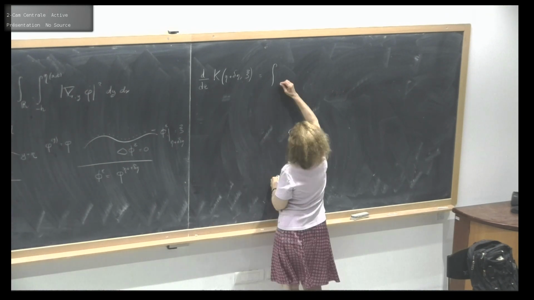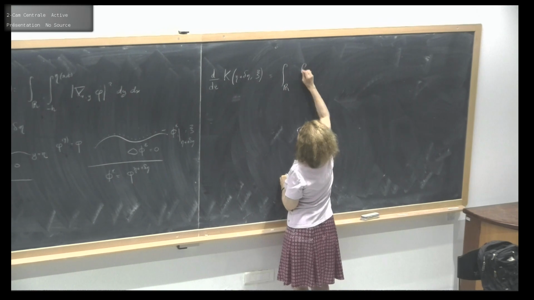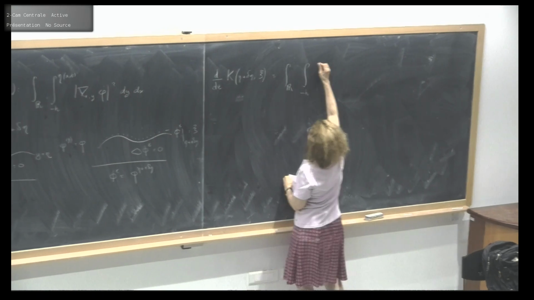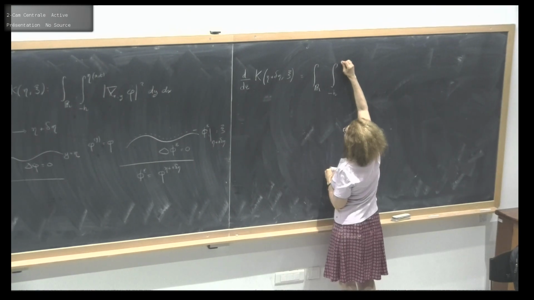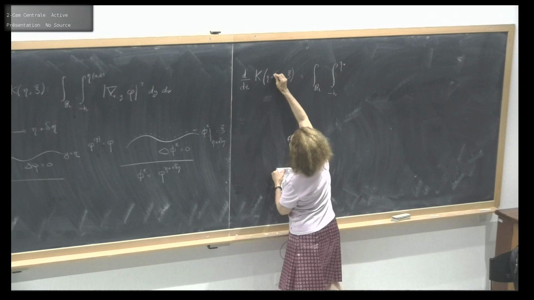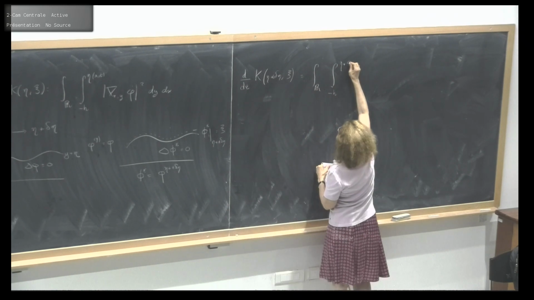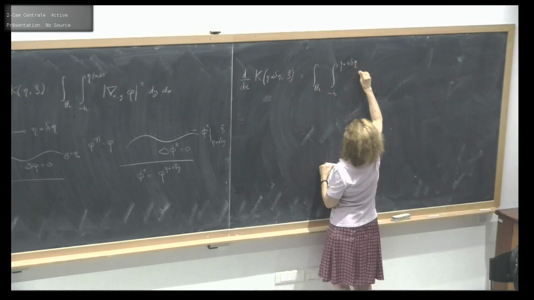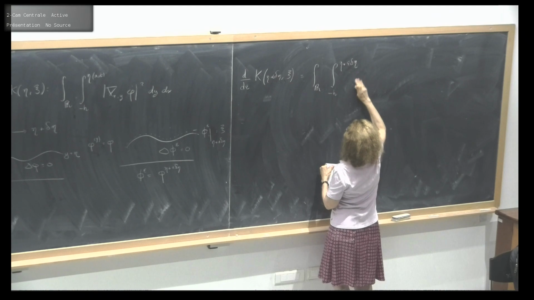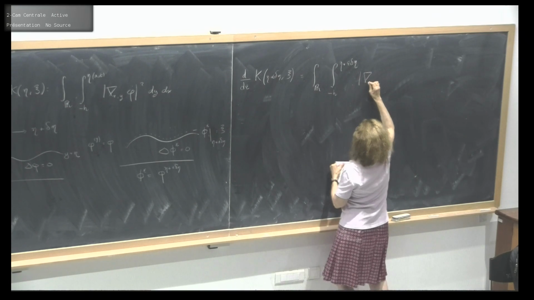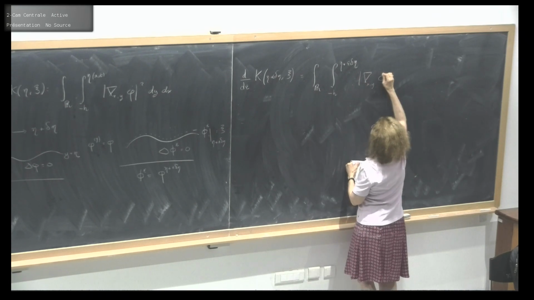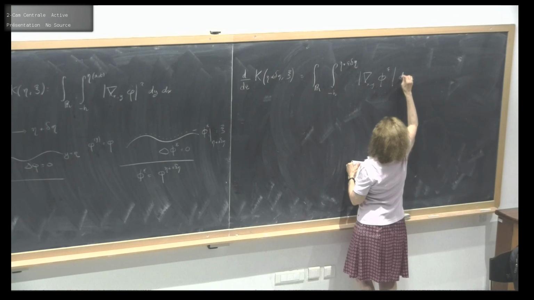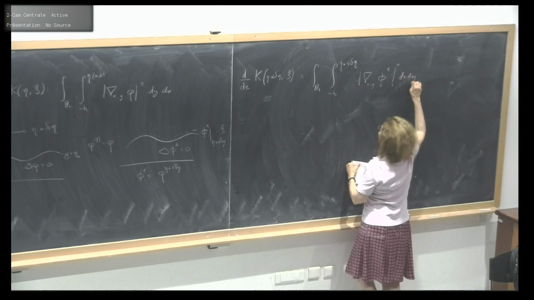And so what is this? It's the integral over R, and here I have to integrate from the bottom up to eta plus epsilon delta eta. And I write the gradient of (x,y) of phi epsilon squared. Okay.